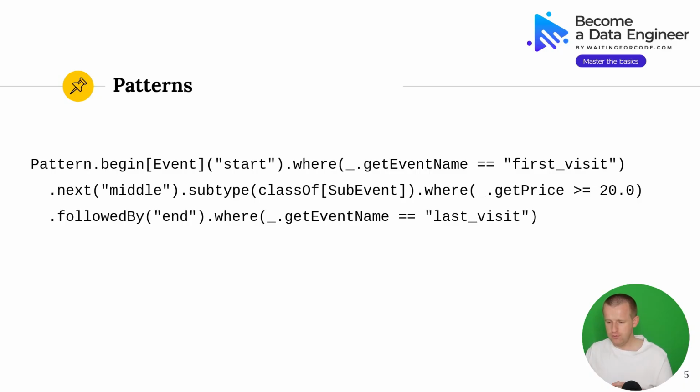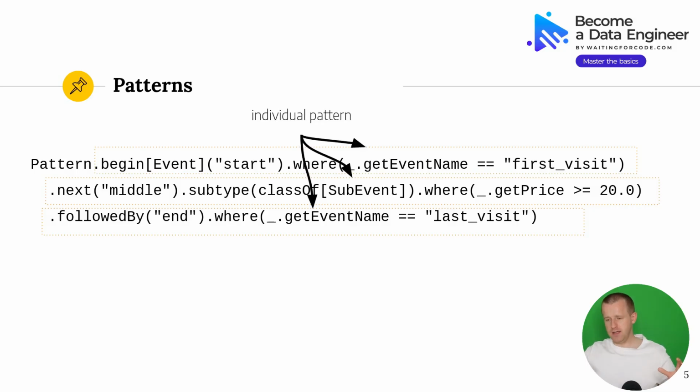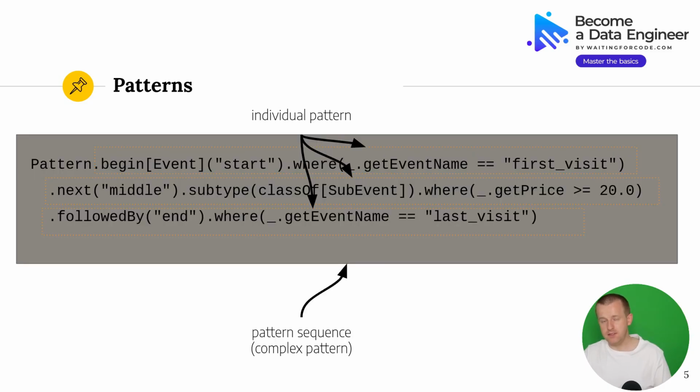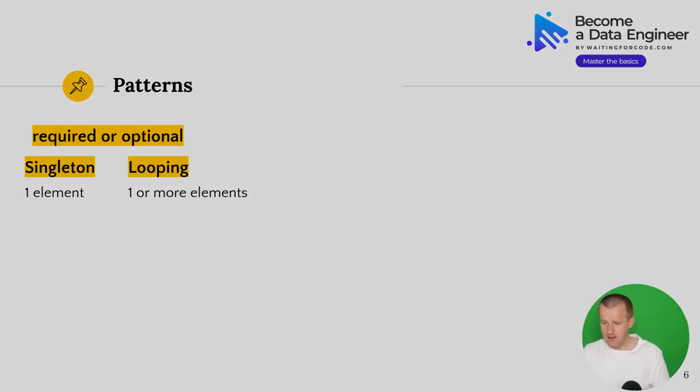And later we want it to be followed by the last visit event. In that case, we can consider it as a whole pattern, but inside you will find 3 individual patterns and one pattern sequence that combines all these individual patterns into a single pattern that is meaningful from the business perspective.